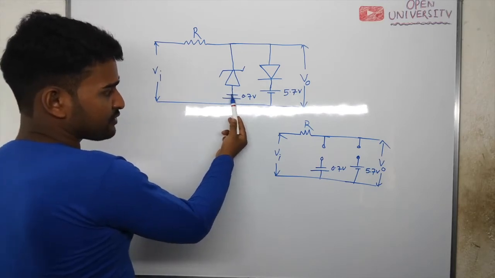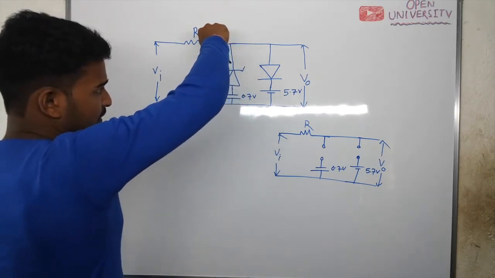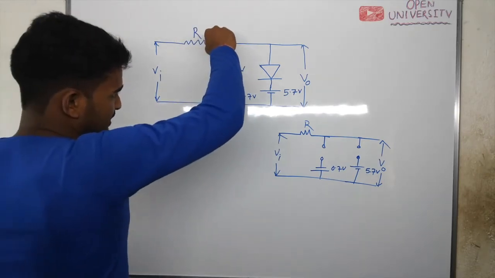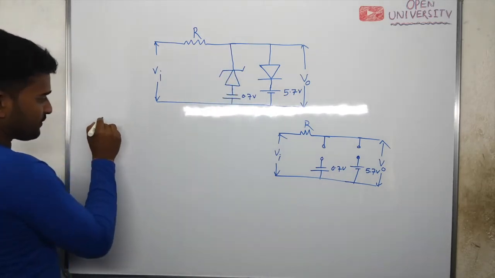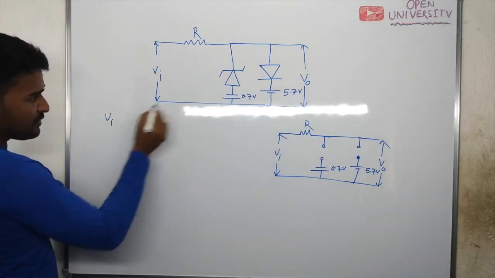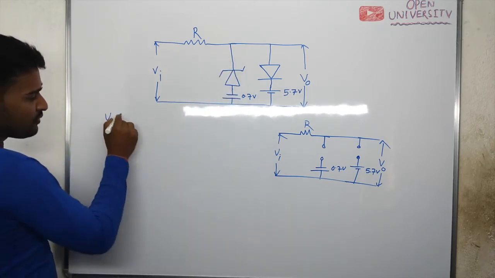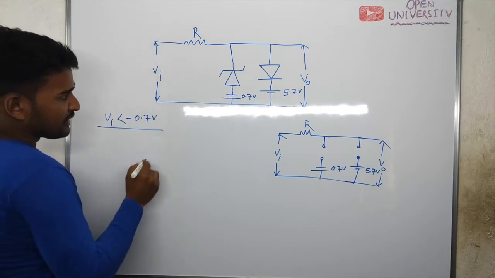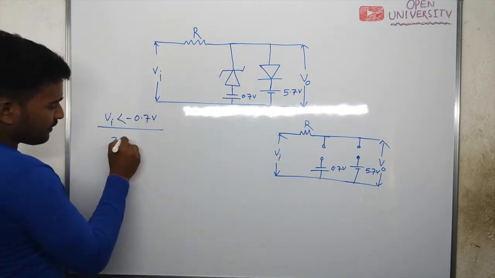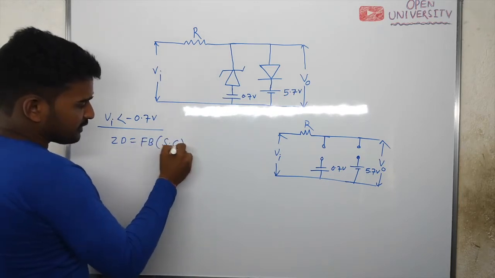If you interchange the polarity, it will become minus 0.7 volt, and this side voltage is VI. So if VI is less than minus 0.7 volt, then your Zener diode becomes forward biased, and we will replace it with a short circuit.